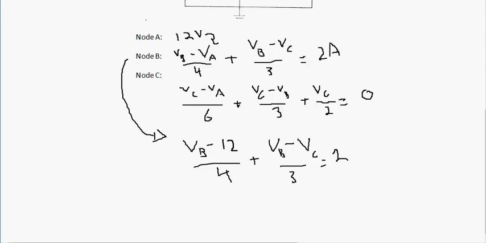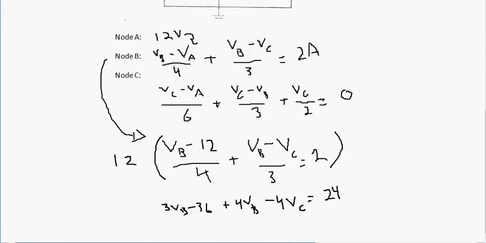Now let's multiply each side by 12. We get rid of the 4, so it'll be 3 VB minus 36, plus 4 VB minus 4 VC equals 12 times 2, 24.